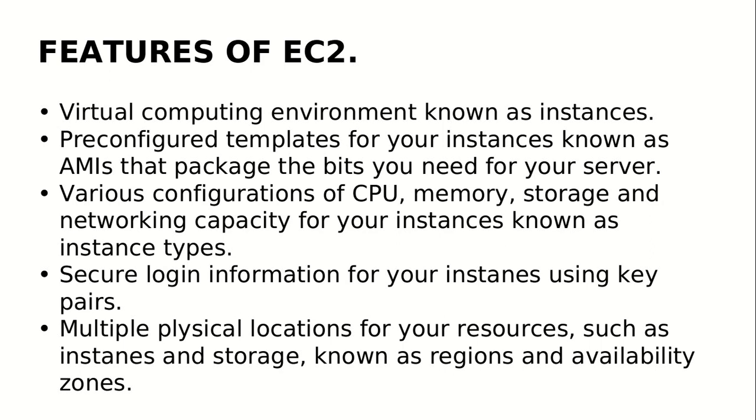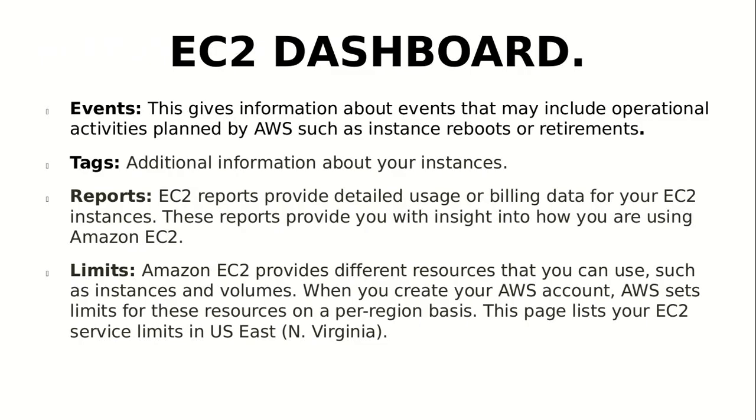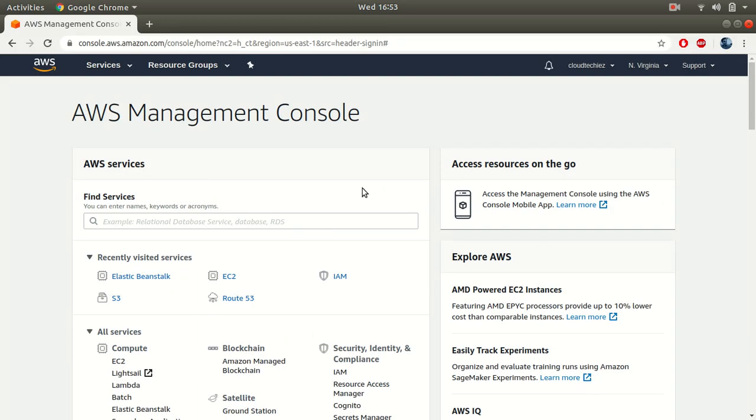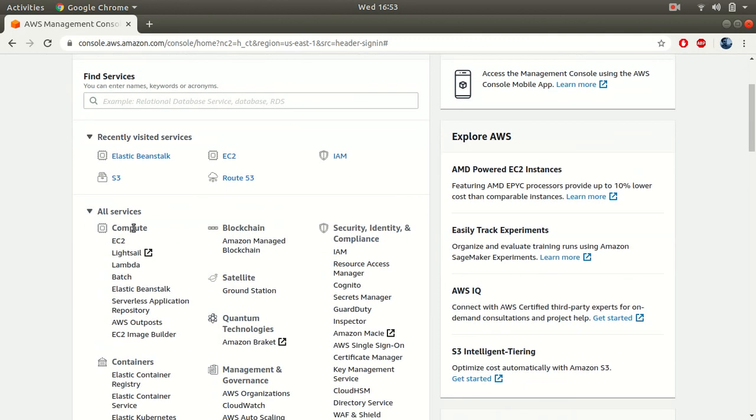So if you go through my playlist, you should be able to get information about regions and availability zones. So EC2 also provides you the option of choosing between the availability zones, which location you want to utilize to launch your EC2 instances.